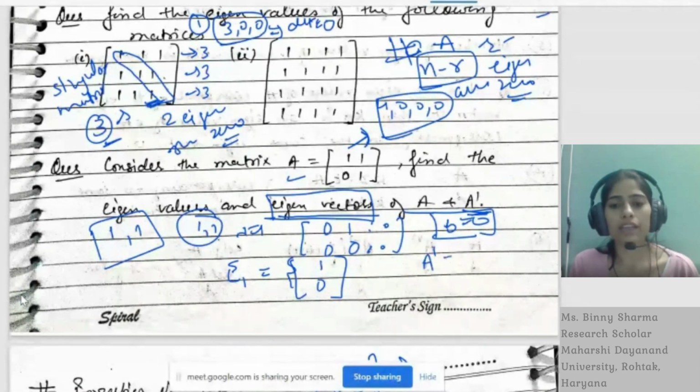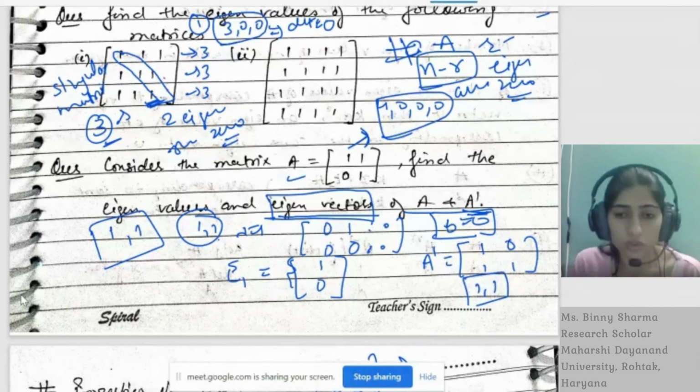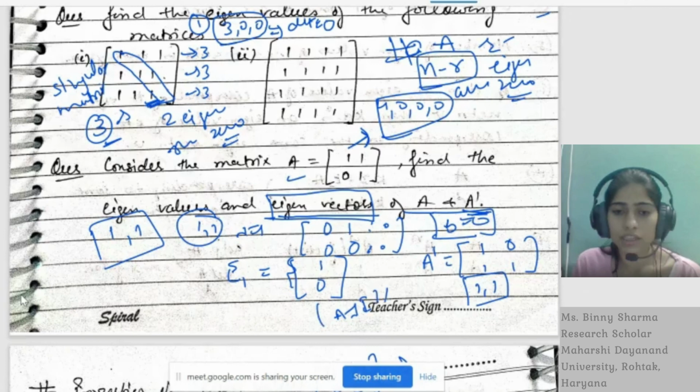Now I am taking A transpose, that is 1 1 0 1. The eigenvalues will be 1 and 1. Now we will find the eigenvectors, that is A minus lambda I times x equals 0.